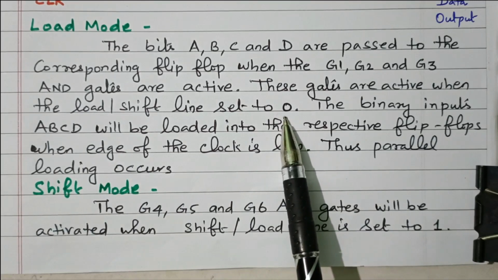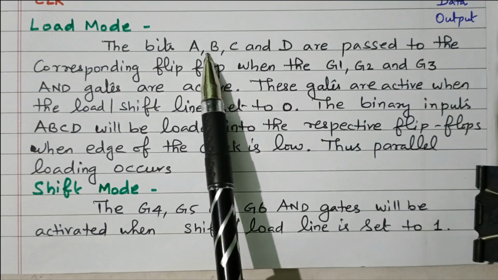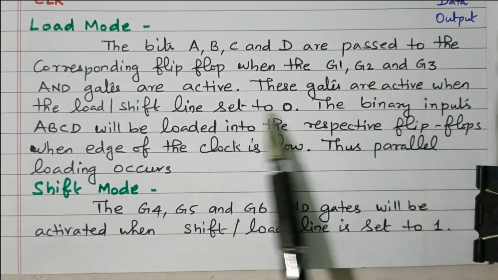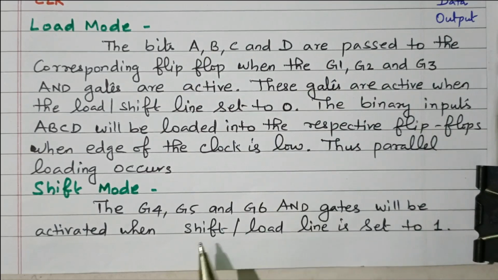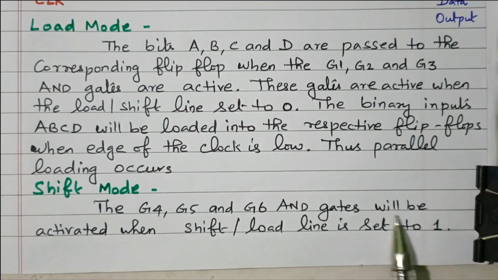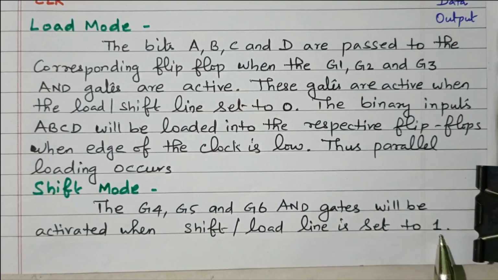If the control line is 0, G1, G2, G3 are active, and this data A, B, C is connected as the other input of G1, G2, G3, so the data will be loaded in parallel. The G4, G5, G6 AND gates will be activated when the shift/load line is set to 1.